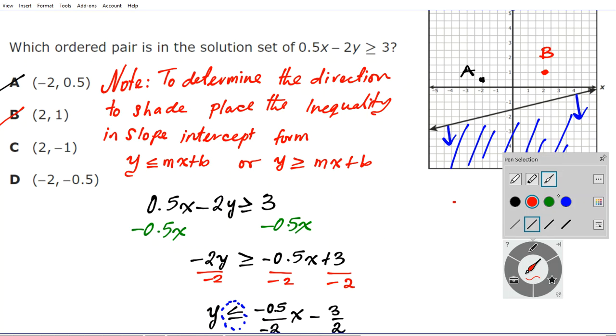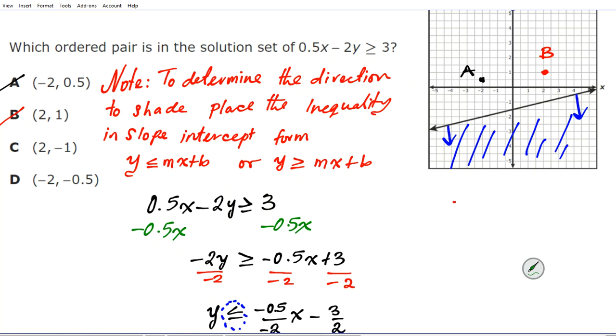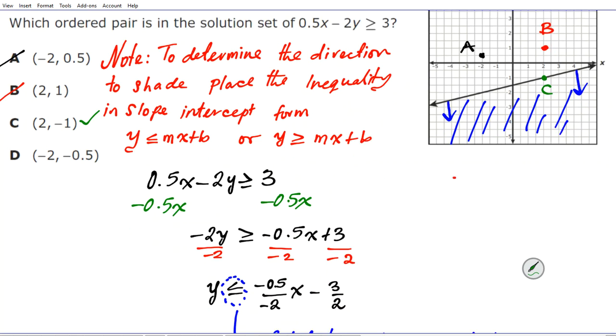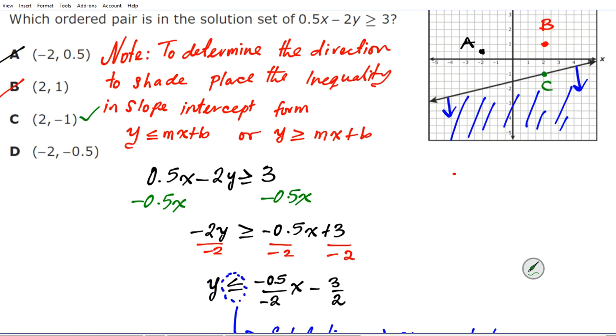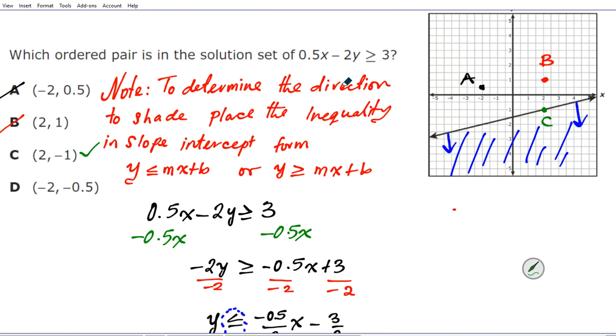How about point C? Point C is 2, negative 1, which is right here. So what's the deal with point C? Is it good? Point C is excellent because it is on the line. It satisfies the equal to component of the inequality. Anytime you have a solid line, any point on that line satisfies the inequality.